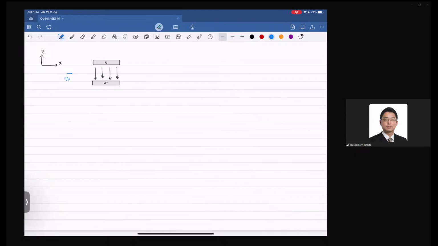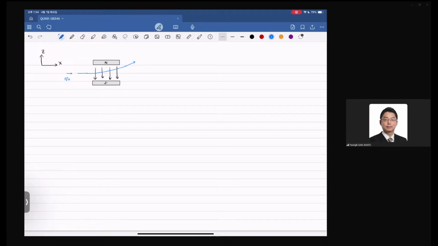And if it's feeling force, the horizontal velocity will not change, right? Because there's no force in the X and Y direction. So it'll just push up. So it's going to have this motion, and after it gets out of the magnetic region, it's going to continue in a straight line.